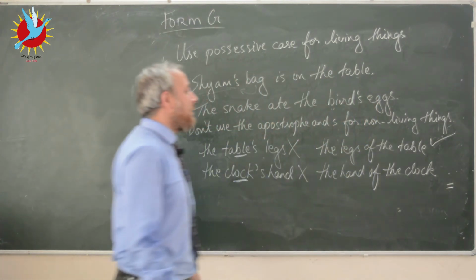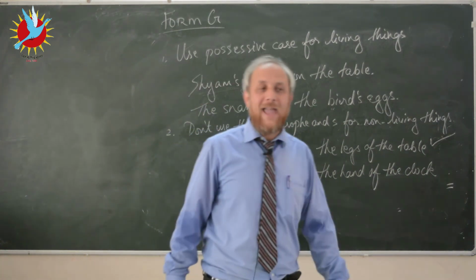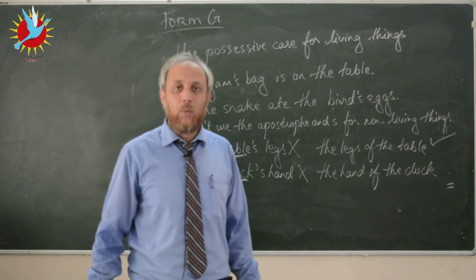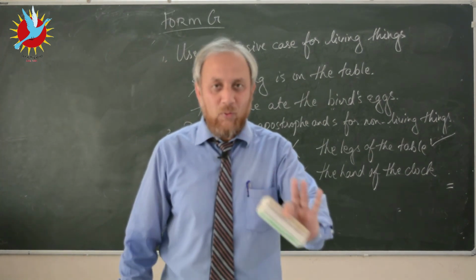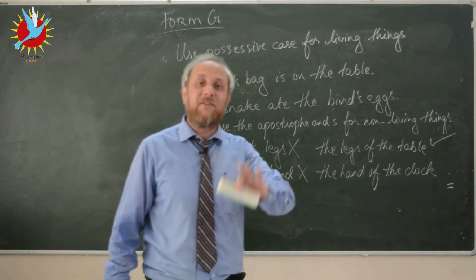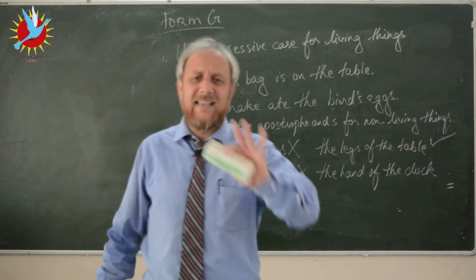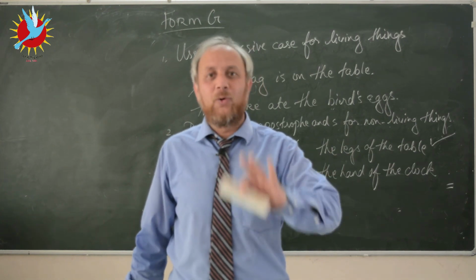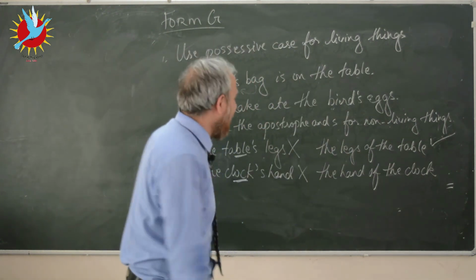Okay, so just remember this. Now you can use the apostrophe and the S with personified things, but I don't want to talk about that right now. And there are a lot of other phrases with which you can use the apostrophe and S. But since you are in class 4, I don't want to discuss that. Okay, we will learn about it later.